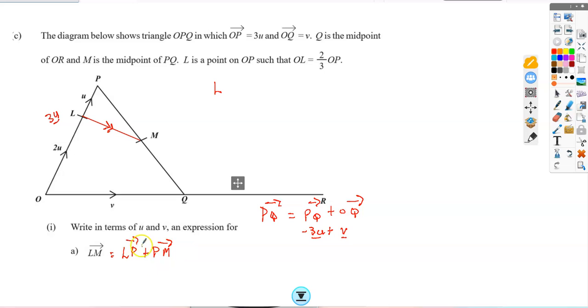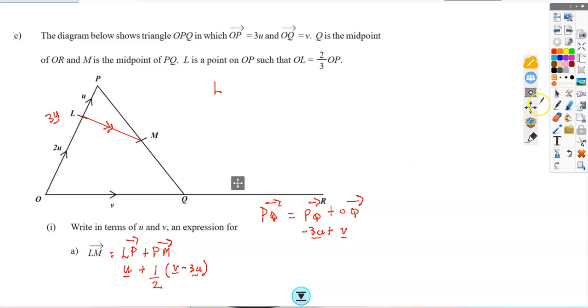So what we're going to have there is LP as U, so we have U plus a half, since PM is half PQ, of V minus 3U. Half of V minus 3U.